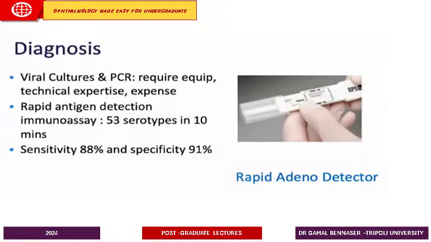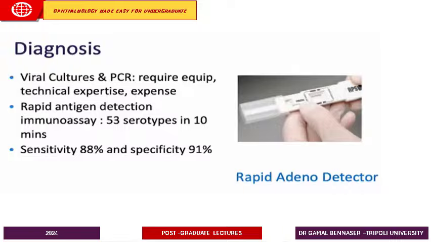Now, as far as the diagnosis of adenoviral keratoconjunctivitis, usually the diagnosis is made clinically and is evident to any examiner. However, if you want to confirm the diagnosis, we can confirm this by viral culture and the use of PCR. And there is one rapid test known as the rapid adeno detector.